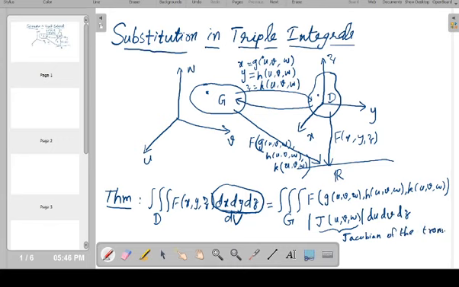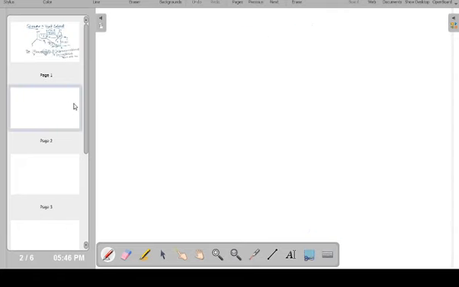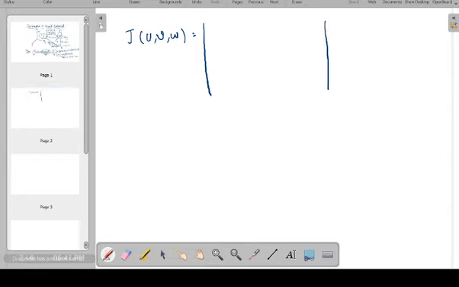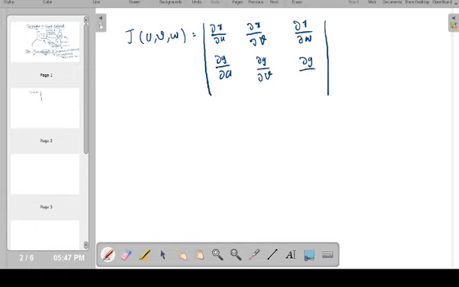The definition is J of u, v, w equals the determinant with rows: dou x by dou u, dou x by dou v, dou x by dou w; dou y by dou u, dou y by dou v, dou y by dou w; and dou z by dou u, dou z by dou v, dou z by dou w.